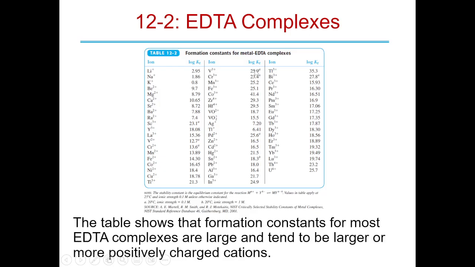The small ones that are not very charged, we don't have as large values, do we? Still fairly large for most Ks that you've seen, but not that large, is it? And again, remember that larger is better at binding it, right?